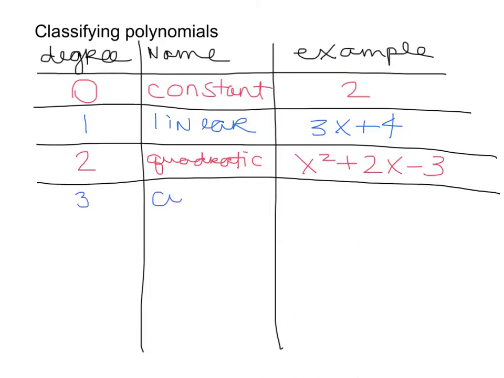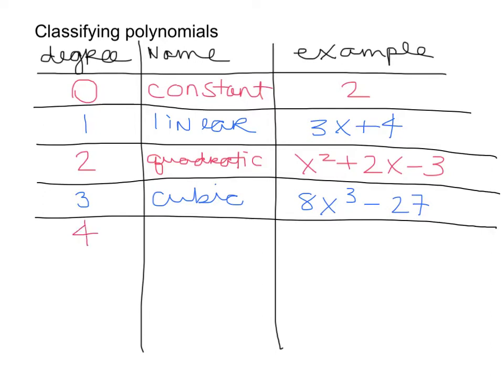A degree of 3 is considered cubic. An example of something cubic is 8x cubed minus 27. The highest exponent is a 3. With a degree of 4, this is called quartic. An example of a quartic polynomial could be x to the 4th minus 16.